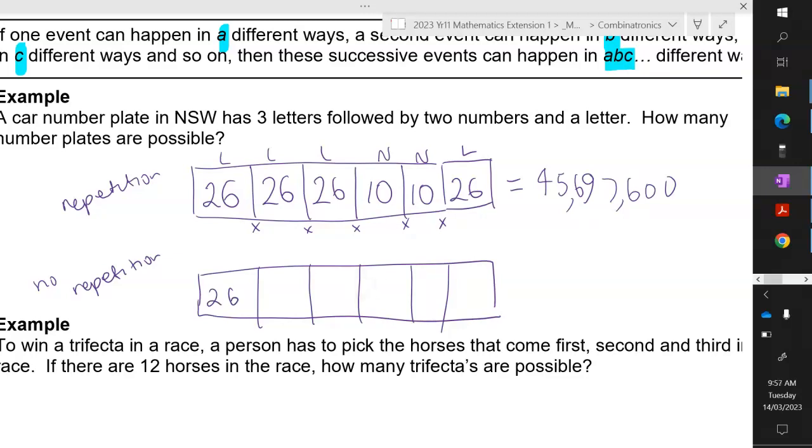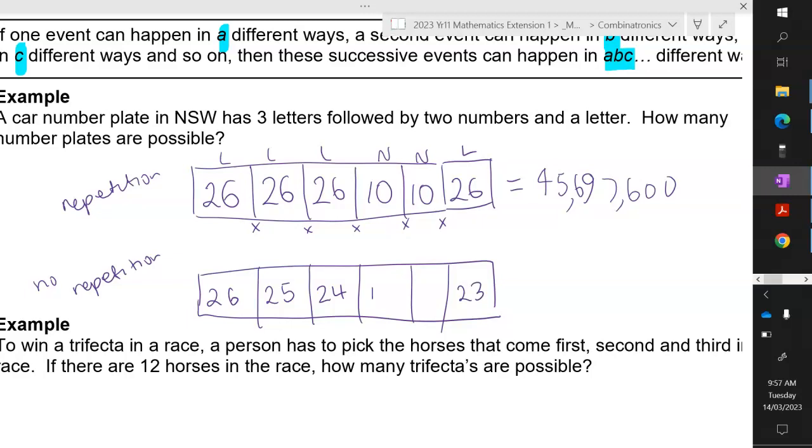So maybe it's A. A's been banked away, so we can't use that again if there's no repetition. So we'd only have 25 to choose from for the second letter. We'll assume that another letter's been used, maybe it's B. We don't know what it is. There's only 24 letters to choose from for the next position. And likewise for the last one, if we've used 3, then we're only going to have 23 possibilities for that last one, assuming there's no repetition.